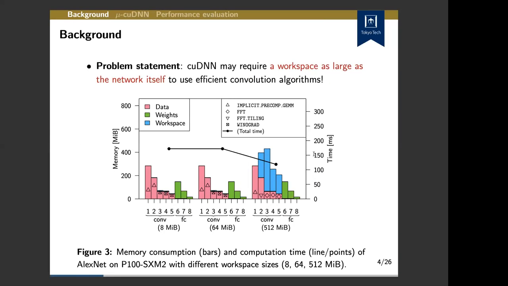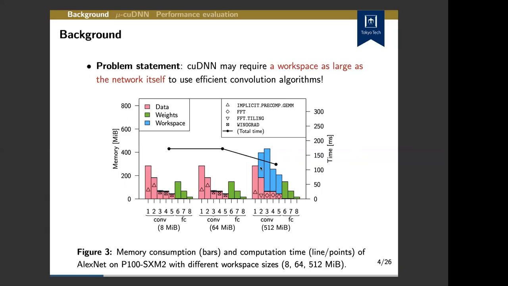I use 3 different workspace sizes in this figure: 8 megabytes, 64 megabytes and 500 megabytes. But you see the workspace shown in blue is as large as the memory footprint to store the network itself, shown in red and green. So this figure says we get about 1.5 times speedup by using twice the GPU memory size.